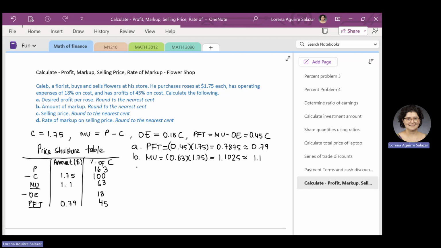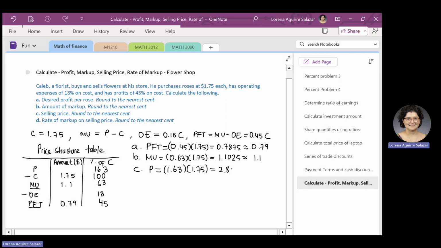Now for part C, we need to compute the selling price of the rose. And the selling price of the rose is 163% of the cost. So we compute 1.63 times 1.75. And that's when we get the 2-point-something, 2.8525.